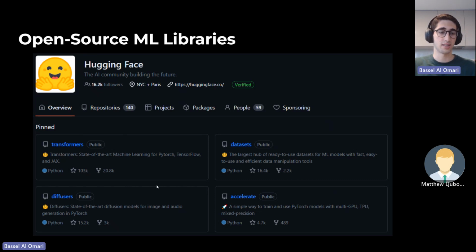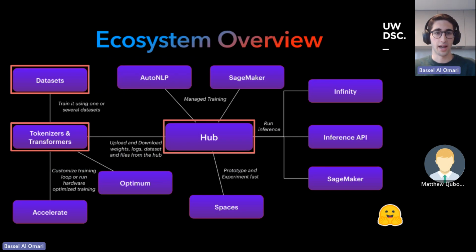Same thing for data sets. They have stuff for diffusers, which we're going to be taking a look at in a future workshop. And they have over 140 repositories that you can check. They're pretty popular. They're almost the norm now to use. And we're just going to be scratching the surface of the ecosystem that Hugging Face provides. They have a ton of other features and a ton of other libraries that you can use.